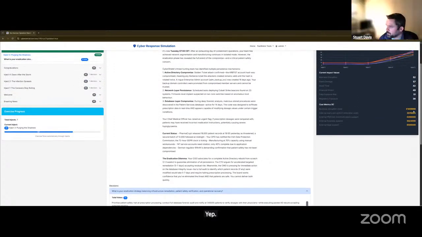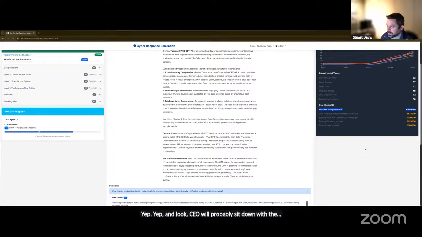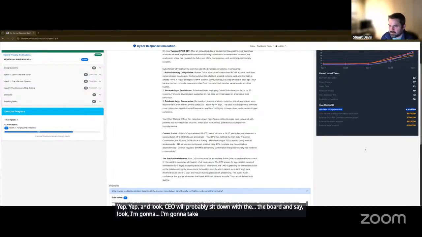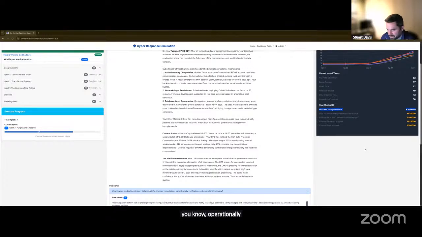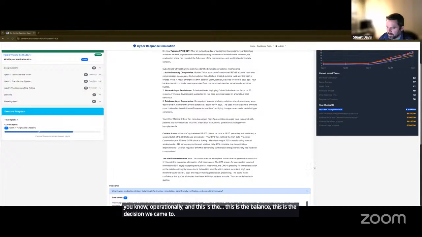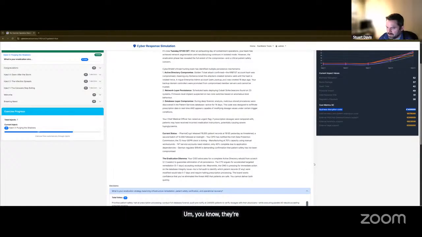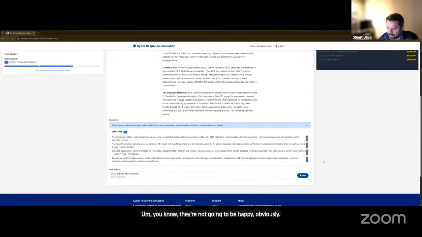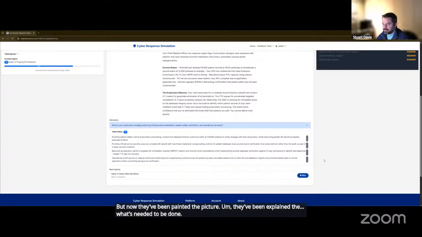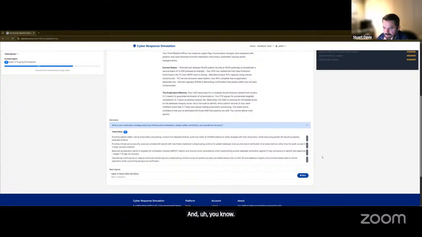Yep. And look, the CEO will probably sit down with the board and say, I'm going to take a 30 million hit operationally, and this is the balance, this is the decision we came to. They're not going to be happy, obviously, but now they've been painted the picture. They've been explained what needs to be done, and patient safety comes first, right?